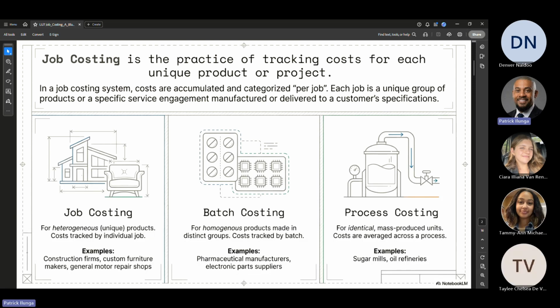And there is now the importance of tracking. So we need to look at the whole entire costing system. What are the costs that are involved? How are these costs accumulating? And we categorize everything per the job. I trust that this is clear, right?